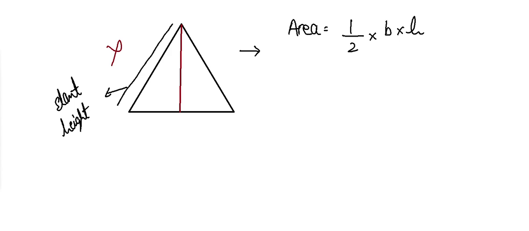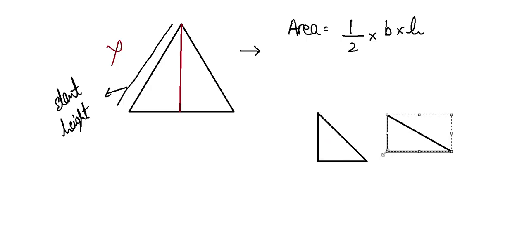Okay? Done? Yeah, so basically two right angle triangles give you one complete triangle. I mean, this is also a triangle.